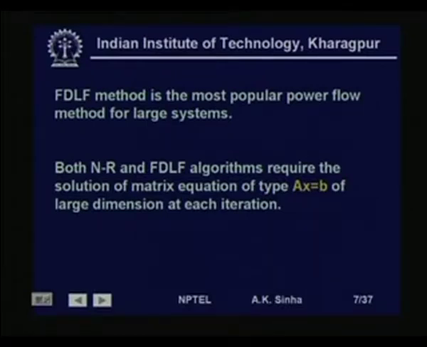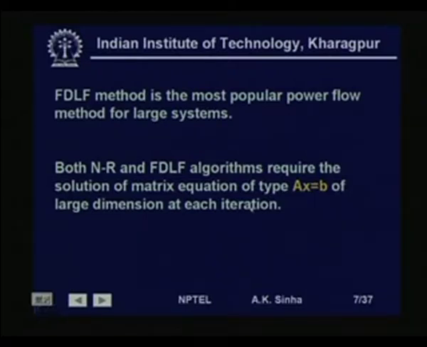Now, both Newton-Raphson and fast decoupled load flow algorithms require the solution of a matrix equation of the type Ax = b of large dimension at each iteration.